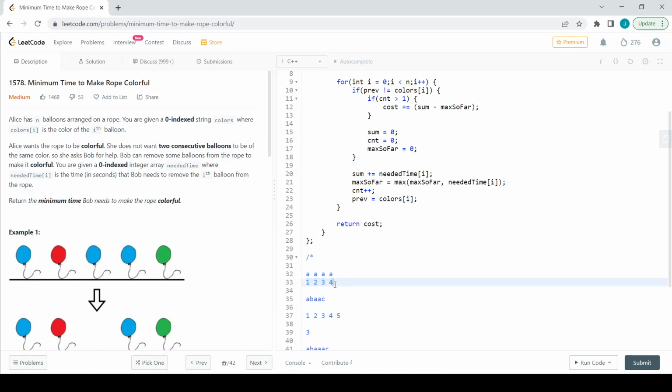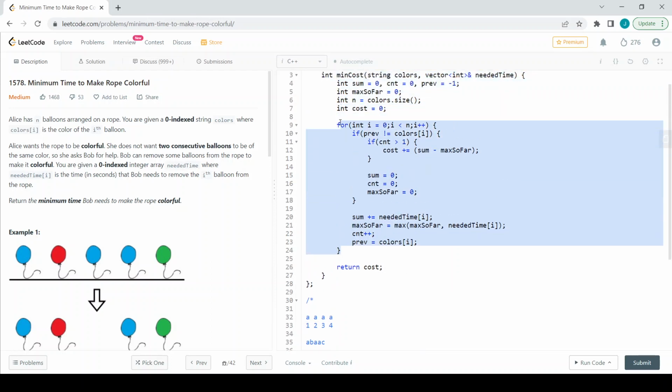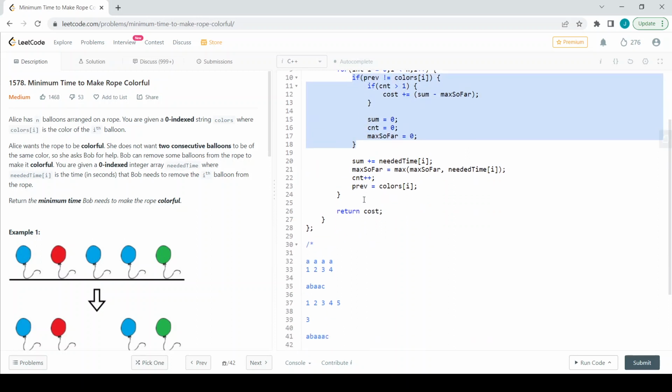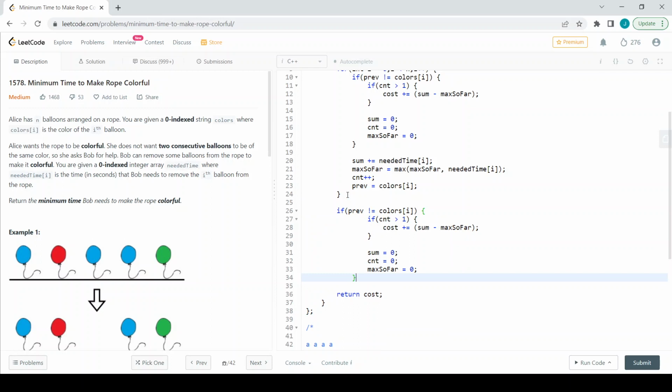So we'll have a sum of 10, max so far equal to 4, and the count will also be 4. But we will come out of this loop, so we will not be checking this condition at all. So we will copy and paste this code outside also, so that this gets calculated.